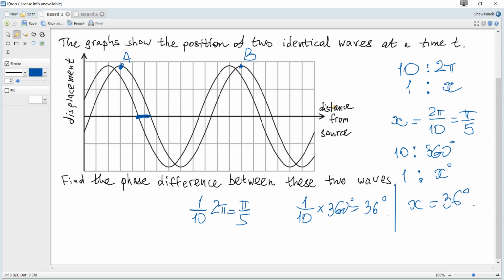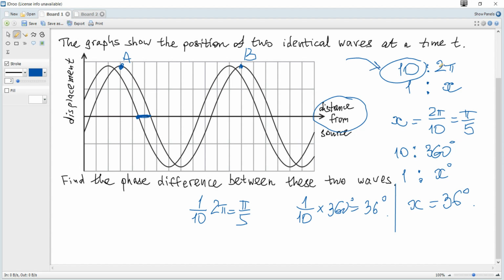And notice that if there is distance on the x-axis, hence one complete oscillation is actually the wavelength, because it may be given separately that the wavelength is something, so you should write wavelength here.